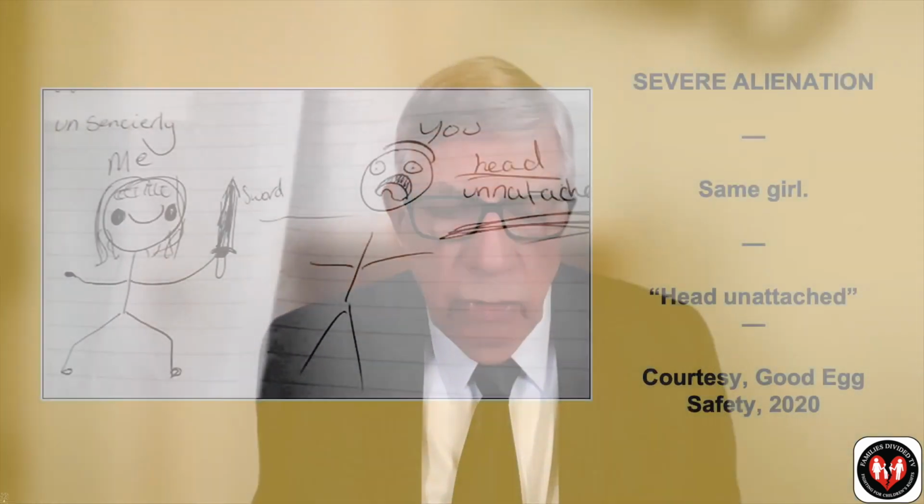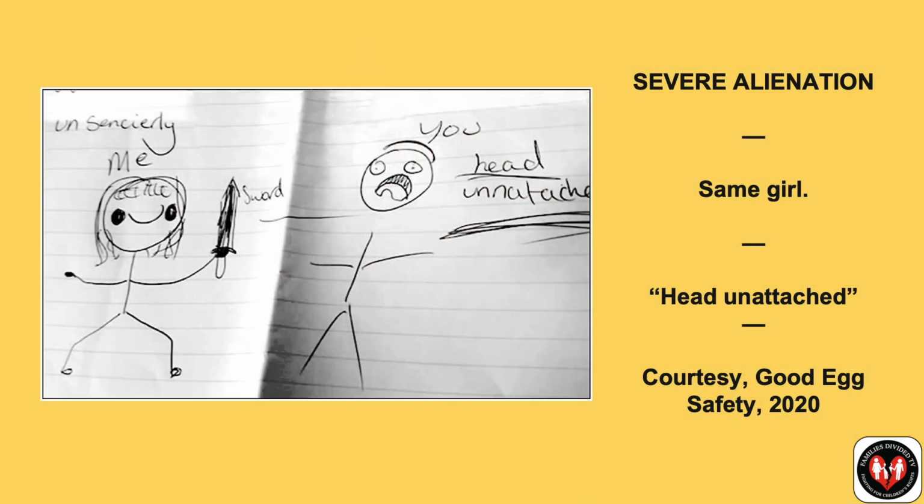Well, a year or so later, she became severely alienated. And the next picture is also somewhat grim. It's a picture of her having murderous thoughts, murderous fantasies about her father.